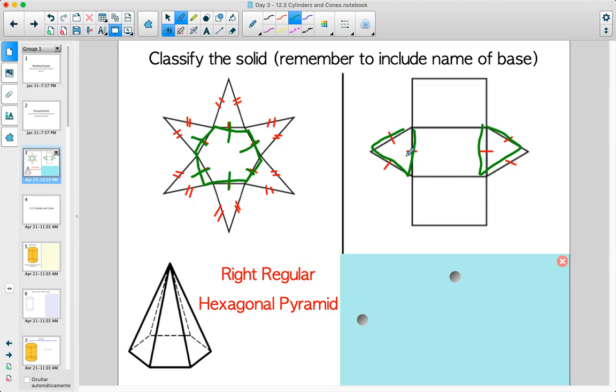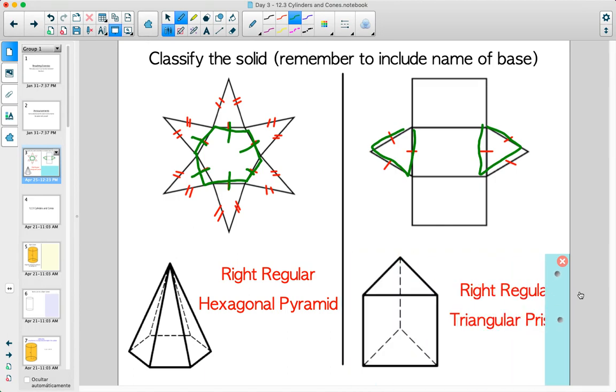But here, there's only two. So it's going to be a regular prism, a regular triangular prism, I should say, that has quadrilaterals that are the lateral area.